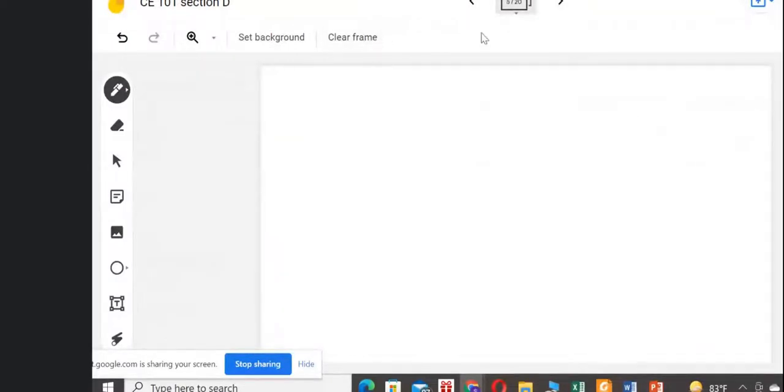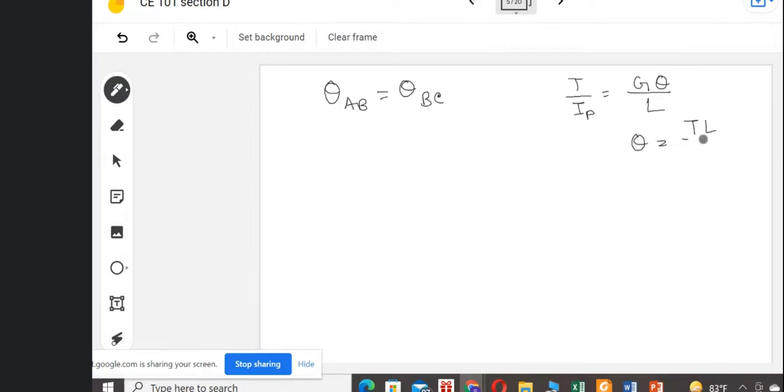Theta of AB should be equal to theta of BC. What are the expressions we know? T by IP is equal to G into theta by L. So theta is equal to TL by GIP.